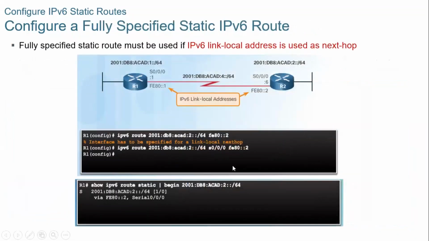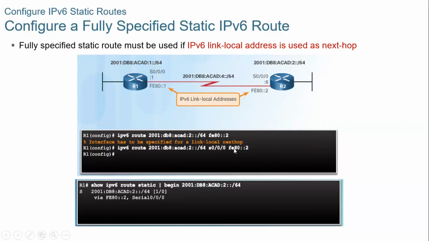This is a fully specified static route where it has the exit interface and also the next hop IP address. And you use this when you are using a link local address as the next hop. So here, FE80 is the link local address. If you're using the link local address here, you have to make it fully specified.